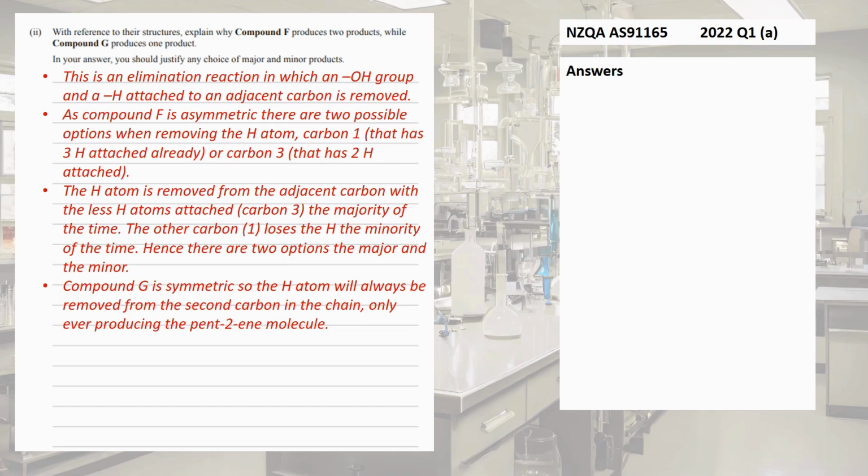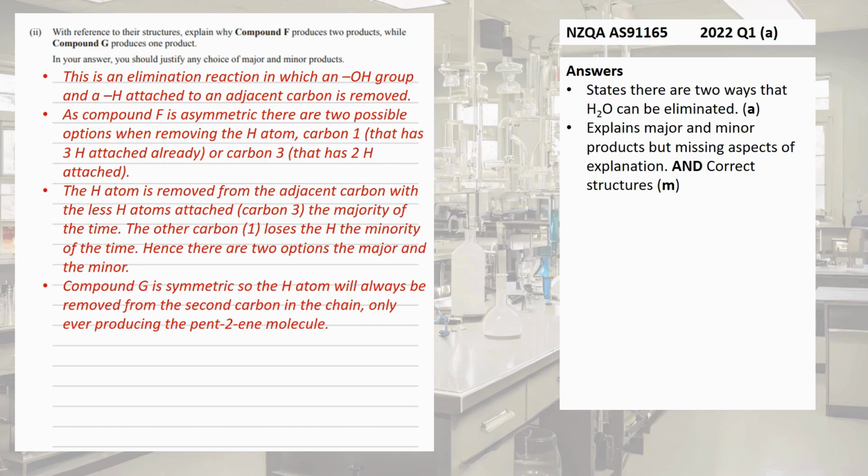Okay, so for the answers here, if we can state that there are 2 ways that H2O, or H and OH, can be removed from the first one, we have an achieved mark. If we explain the minor and major products, so if we say that there will be 2 possible, a major and a minor, but we missed a little bit, and we have the correct structures from the previous question, we have a merit.